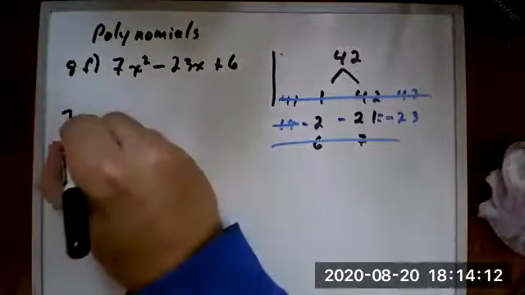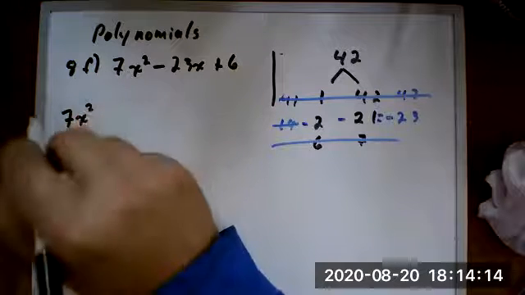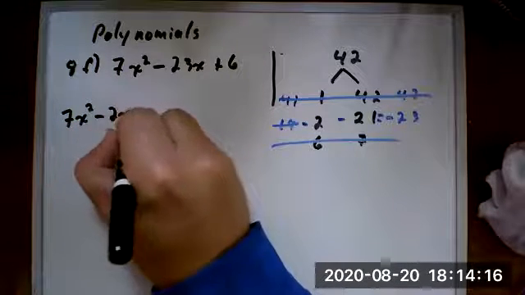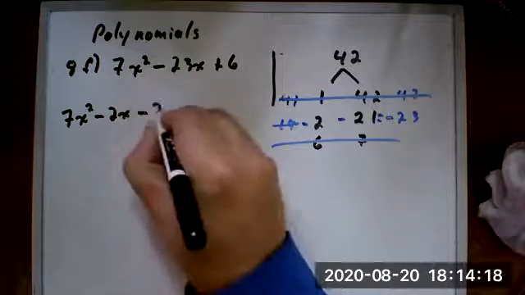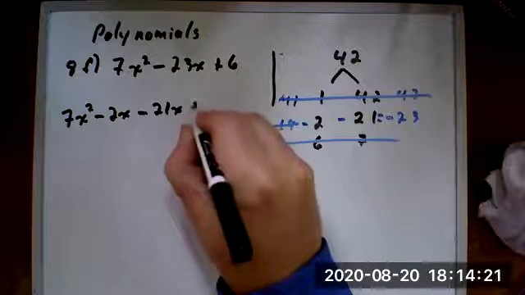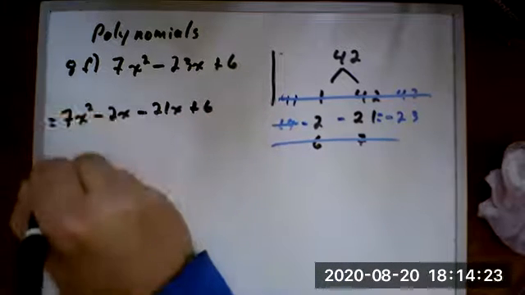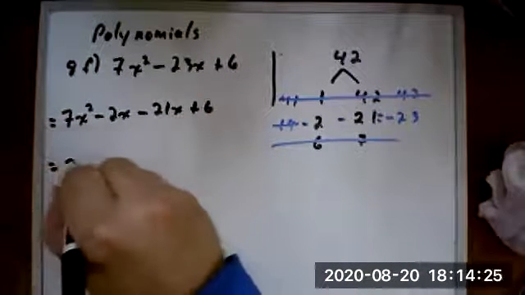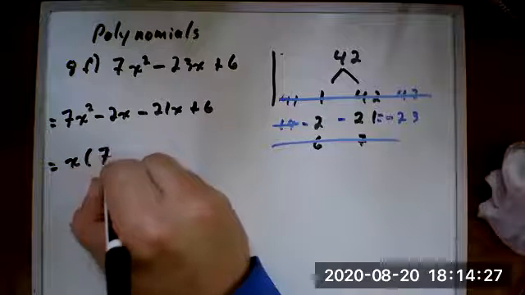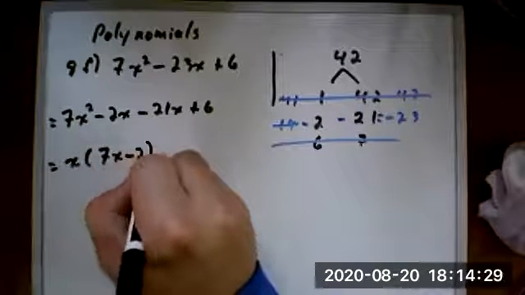So then, we put this into our equation. 7x squared minus 2x minus 21x plus 6. Out of the first two terms, I can pull out an x, leaving me with 7x minus 2.